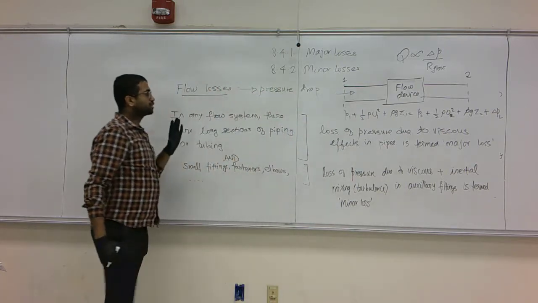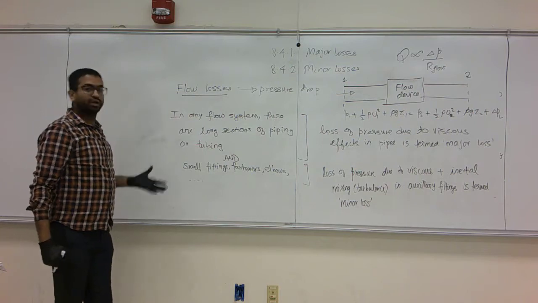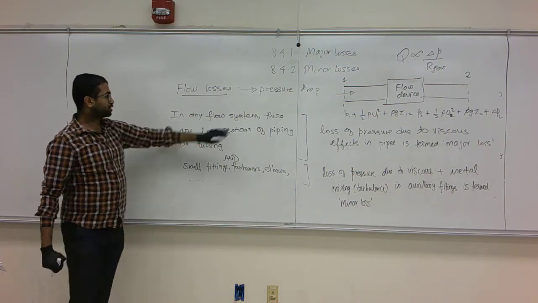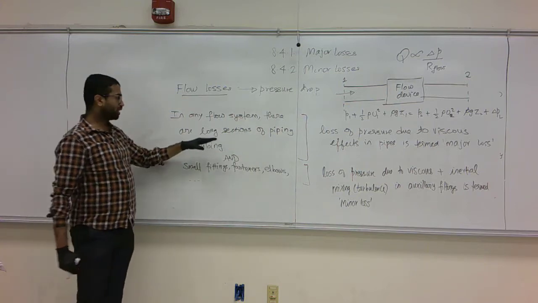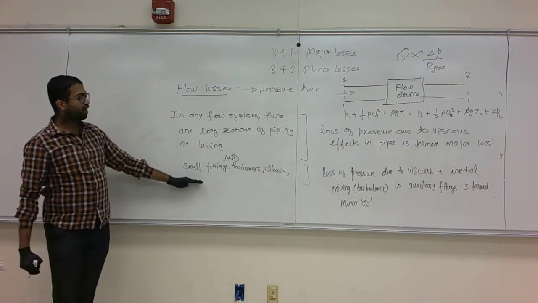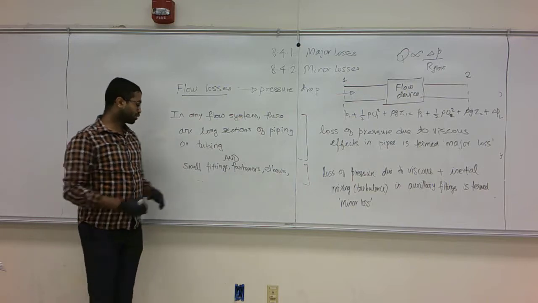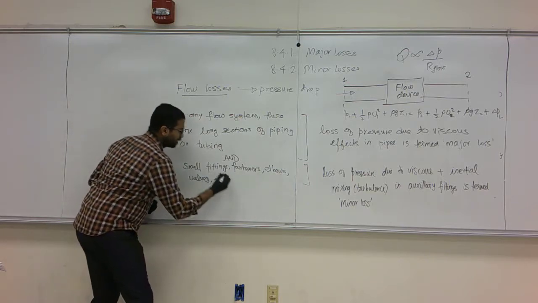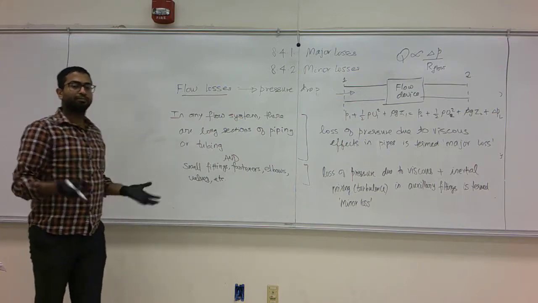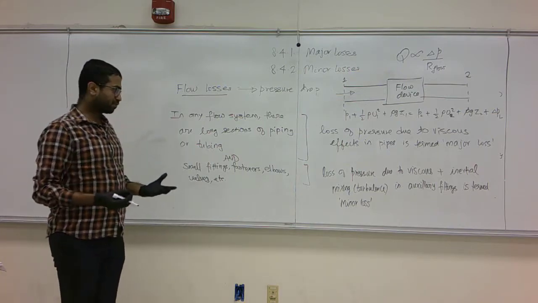Now, if you just think of any flow system, there are long sections of piping or tubing, and then there are also small fittings, fasteners, elbows, valves, etc. that form a part of the system where the flow takes place.